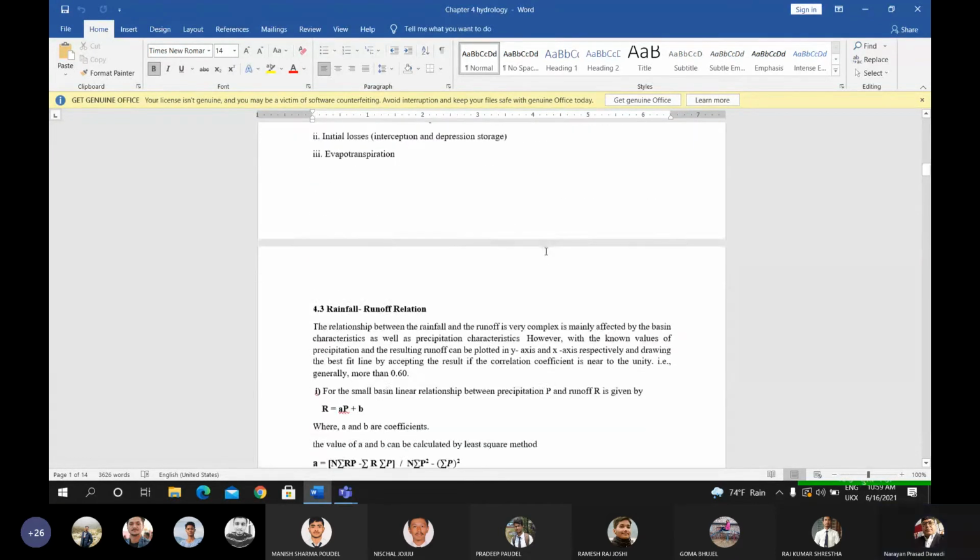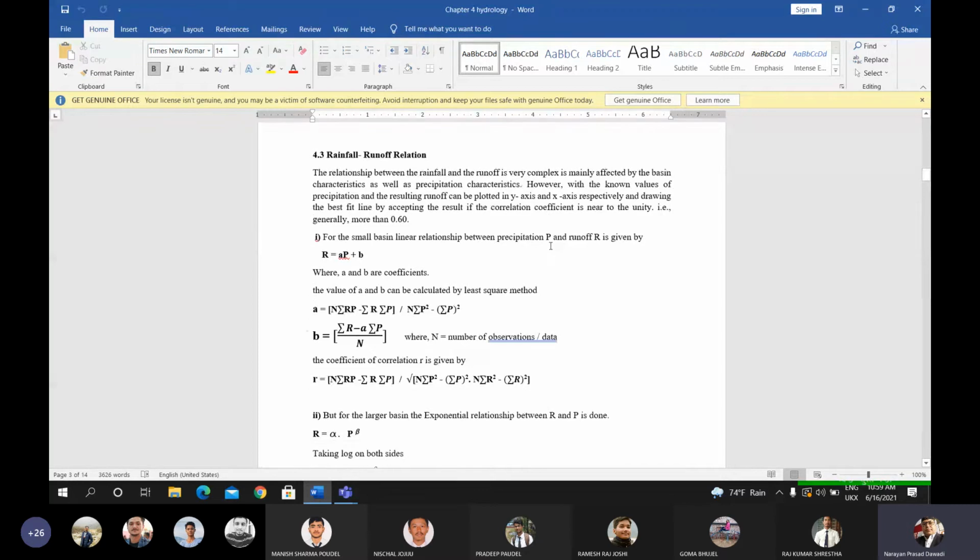Okay. Now, rainfall runoff relation or rainfall runoff correlation. If for a catchment, a basin, or a river, we develop the relation between rainfall and runoff, then for any value of runoff we can predict the rainfall amount, or for any value of rainfall amount we can predict the runoff amount.